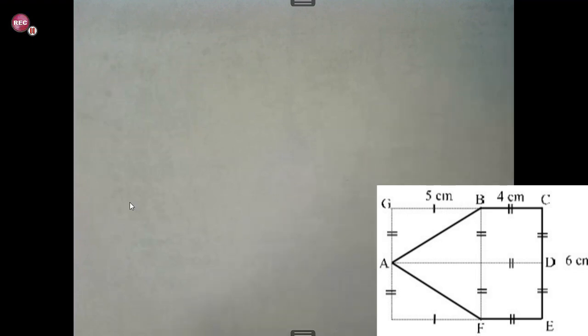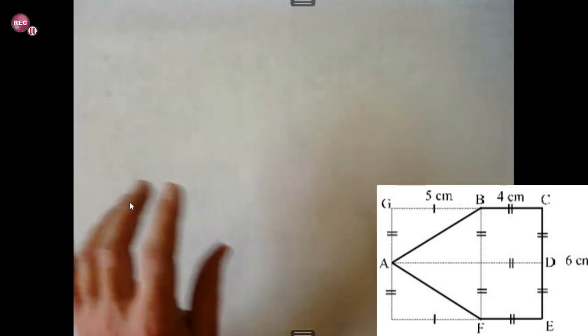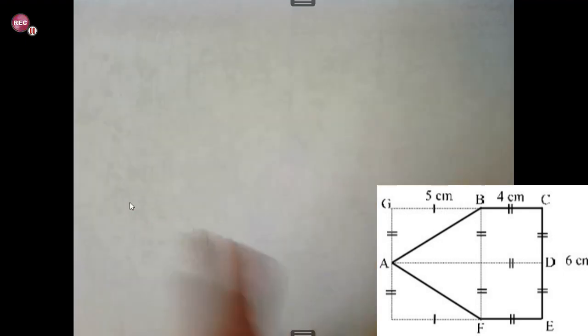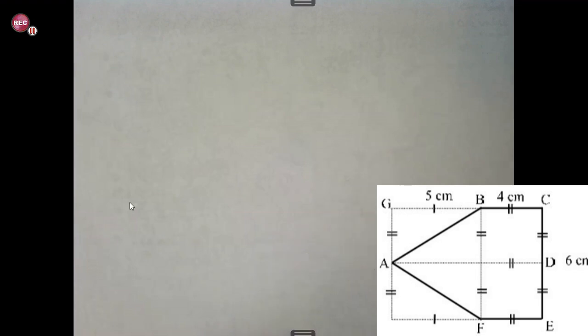Because it's divided into grids, you can say that GA is 4 centimeters, and the reason for that is because the opposite sides of a rectangle are equal in length.